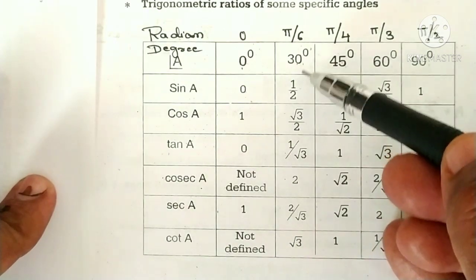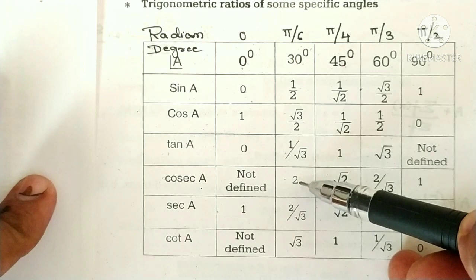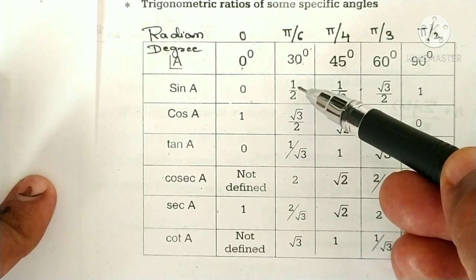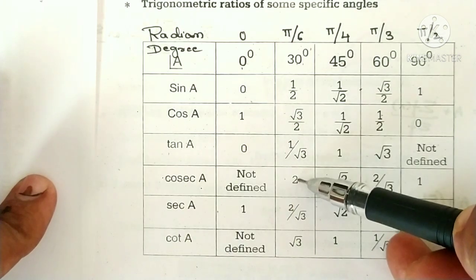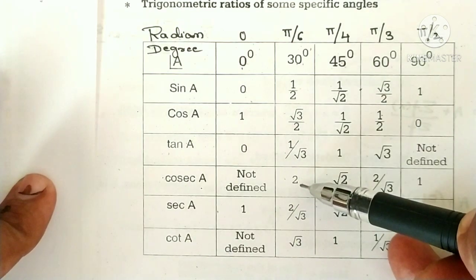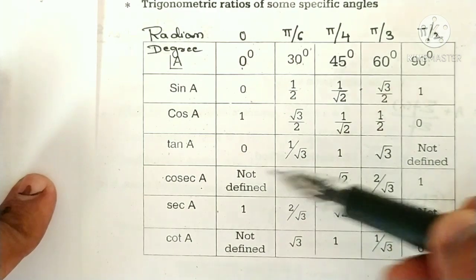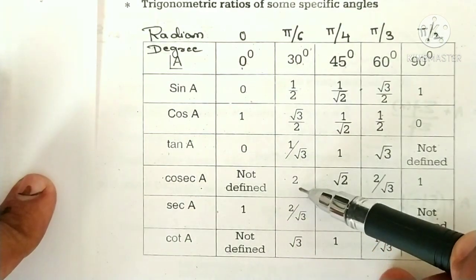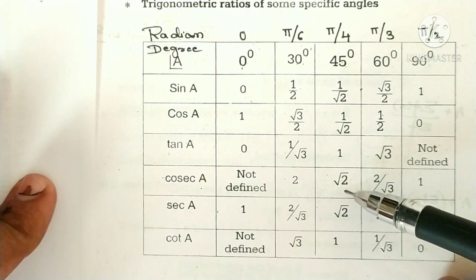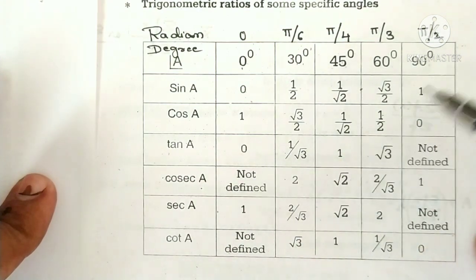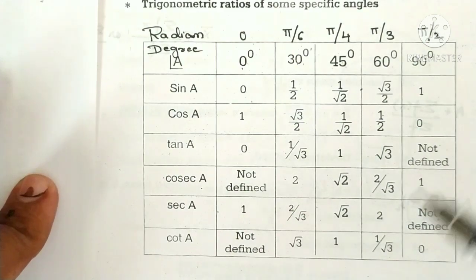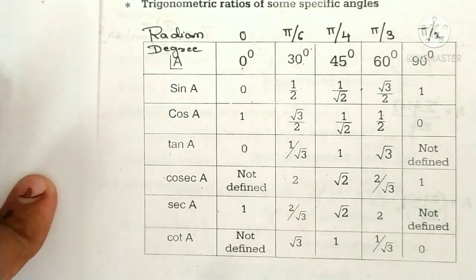Then cosec 30 degree is 2, because 1 divided by 1 by 2 gives 2. 1 by sine is cosec. So like this you have to remember. Cosec 45 degree is root 2. Cosec 60 degree is 2 by root 3. Cosec 90 degree is 1.